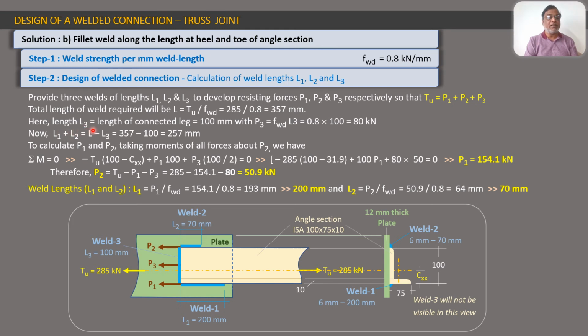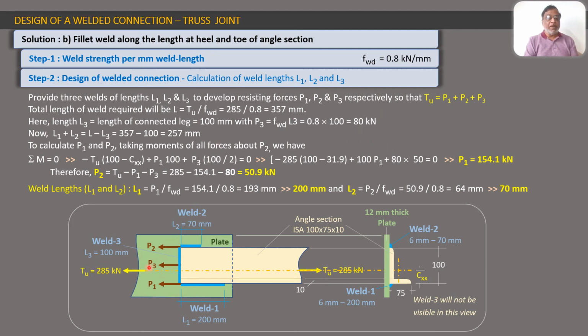So length L3 is equal to length of connected leg, that is 100 mm, with P3 equal to FWD L3. So how much force will this weld resist? That is also fixed. Since its length is fixed, its force P3 is also fixed. So this will give us P3 equal to FWD into L3, that is 0.8 into 100, that is 80 kilonewton.